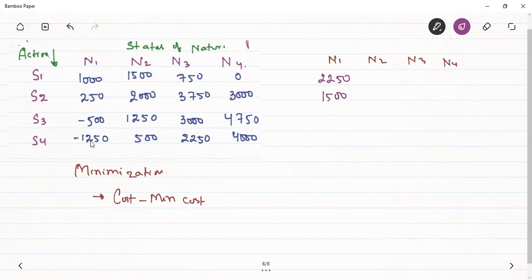Minus 500 minus minus 1250 will become 750. Minus 1250 minus minus 1250, that is minus 1250 plus 1250, will be equal to 0.